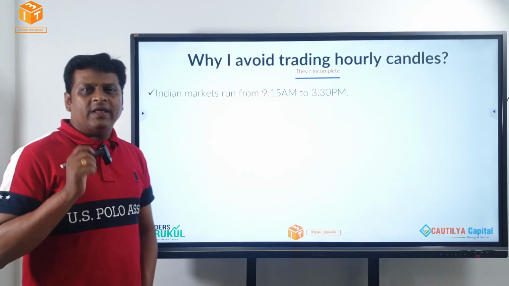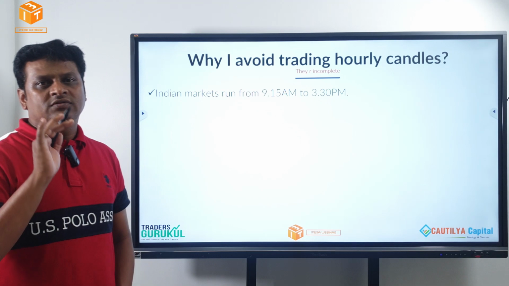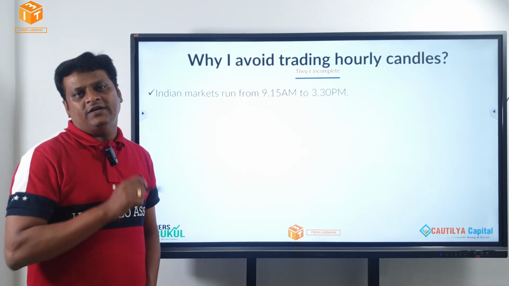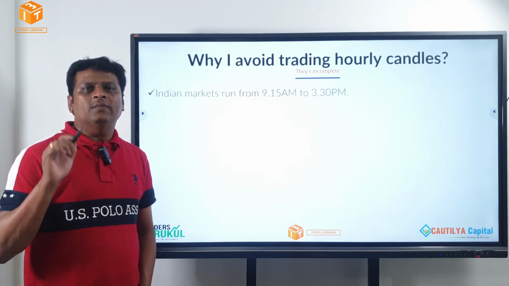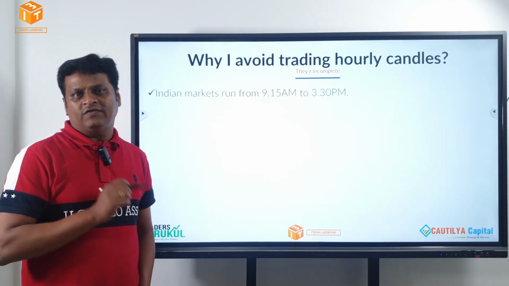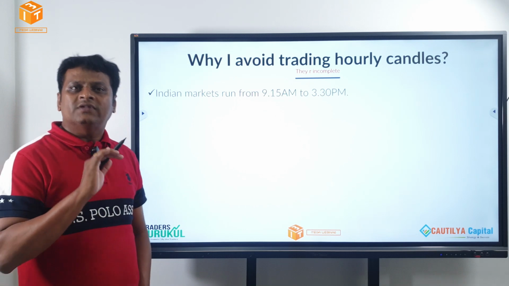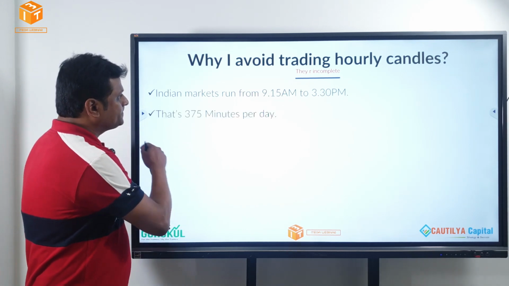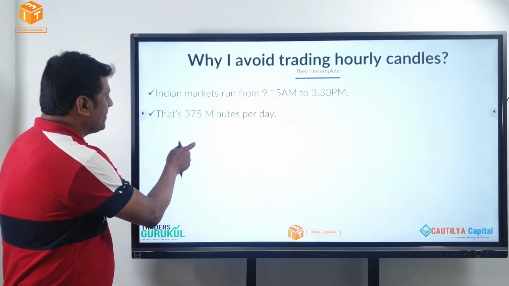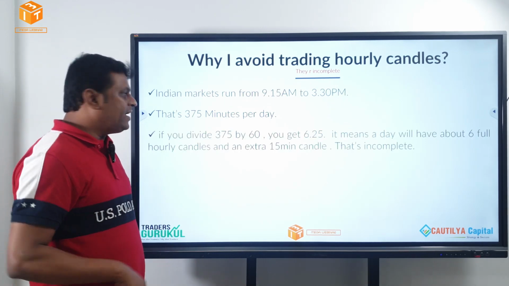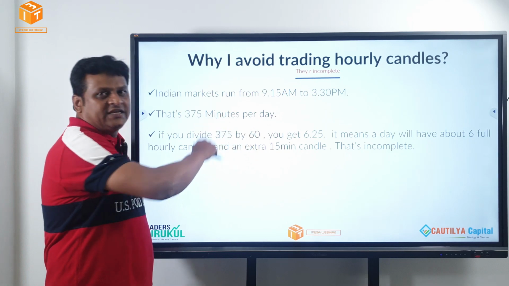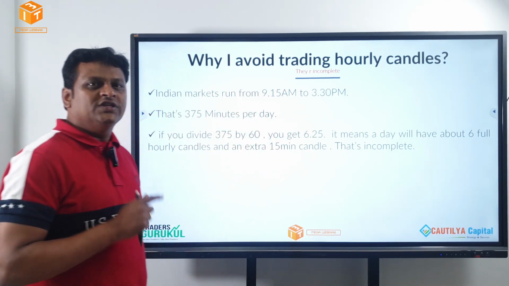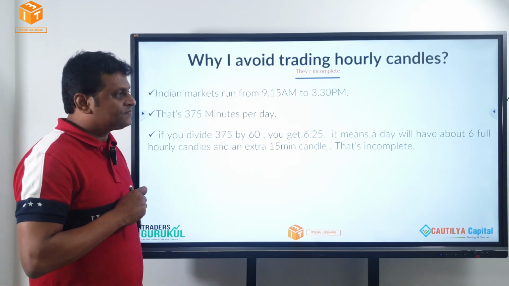Indian markets run from 9:15 to 3:30. That is officially 6 hours and 15 minutes, which works out to about 375 minutes of trading. You will see about 375 1 minute candles in the entire journey. Now, if you divide 375 by 60, you will get 6.25, which is 6 hours and 15 minutes.